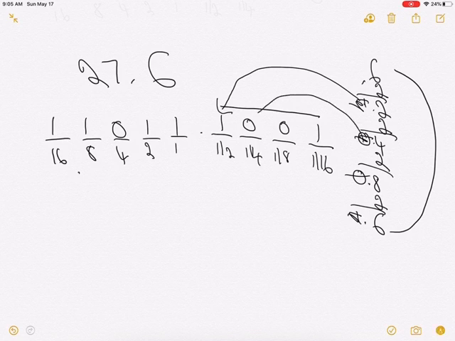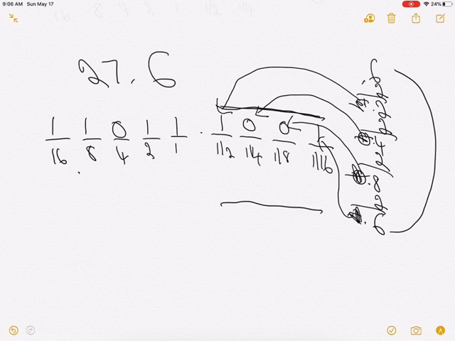I put this 0 right there, get rid of it. 0.4 times 2 is 0.8. Put this 0 right here, get rid of it. 0.8 times 2 is 1.6. Put that 1 right there, get rid of it. And the 0.6 is back where I started, which says this is repeating, and you use a horizontal line over everything to signify that it is repeating.